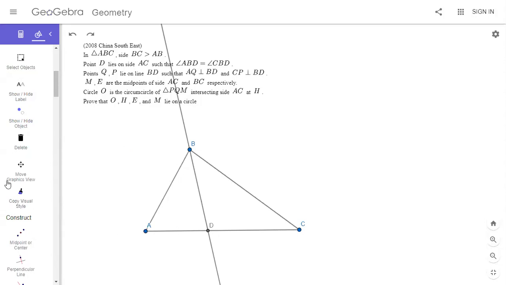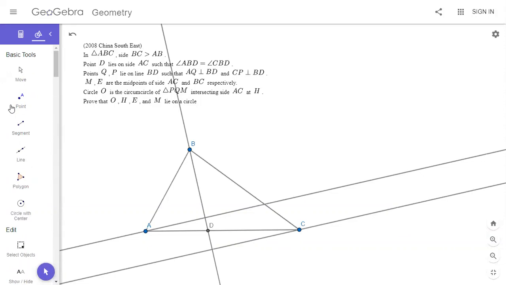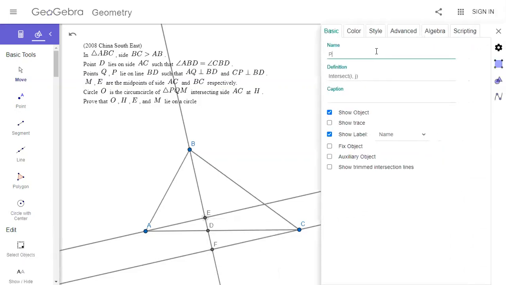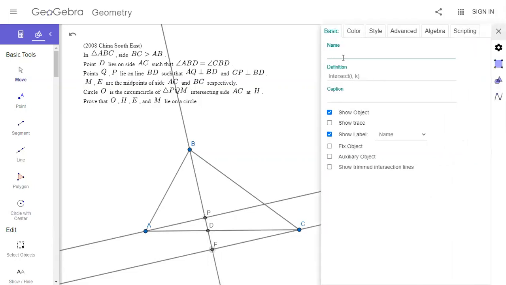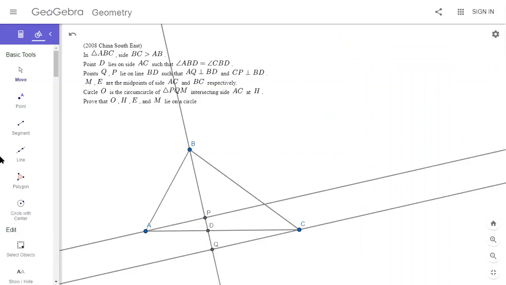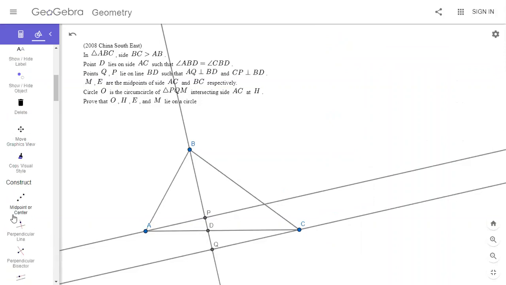So AQ is perpendicular to BD, and CP is perpendicular to BD. Okay, so I'll call these P and Q. M and E are the midpoints of AC and BD, or AC and BC.